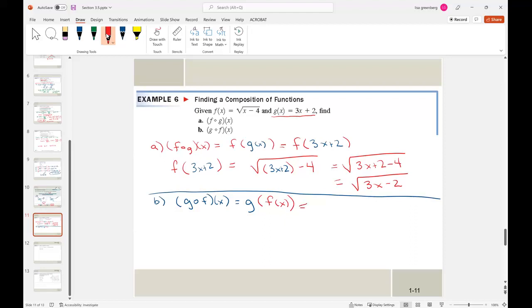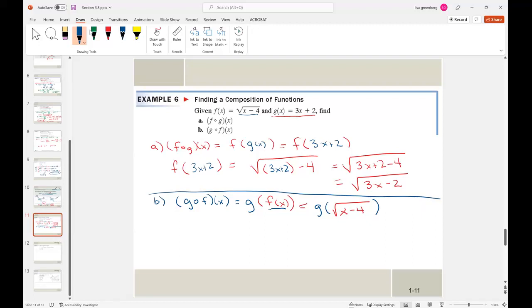First thing I do is plug in my f of x into this function, replacing x with f of x, and so I get the square root of x minus 4.